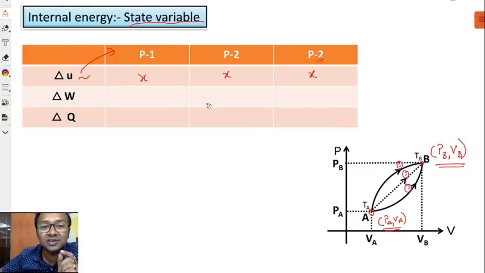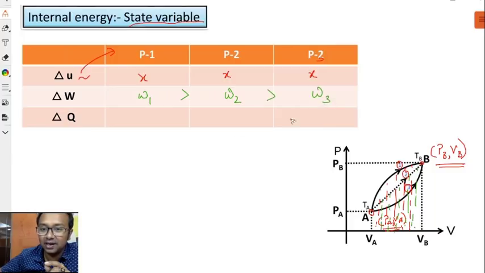So area under which curve is the most? It is basically under curve 1. If you look at this, it is all this particular area. And under curve 2, it is just this area, the green portion. Clear, guys? So work done, if this is W1, W1 is going to be greater than W2, which is going to be greater than W3, my dear students.